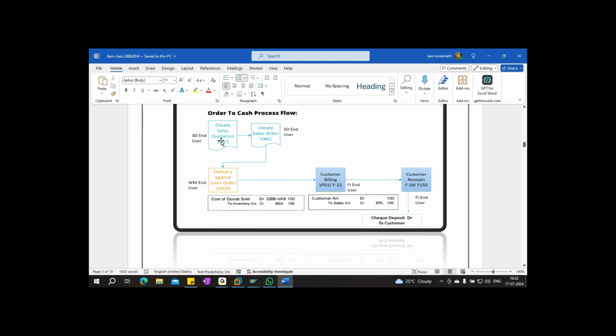First, sales quotation, taken care of by the SD end user. Sales order, taken care of by the SD end user.